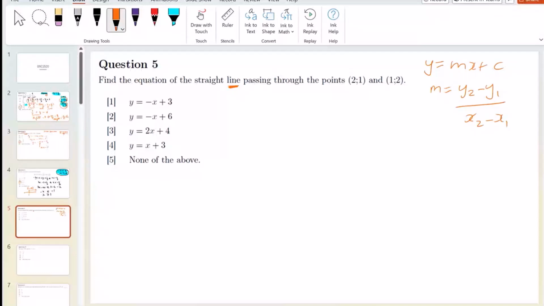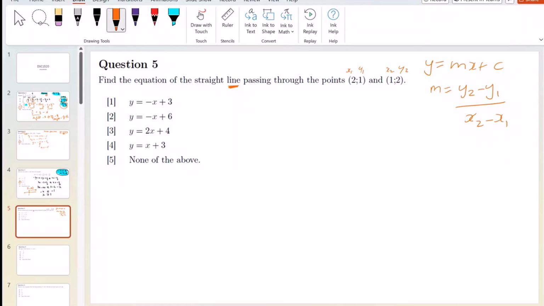You can just go and find your gradient. Okay, so to find your gradient first, because you are given the coordinates, you can allow this one to be x1, this one to be y1, this one to be x2, this one to be y2.